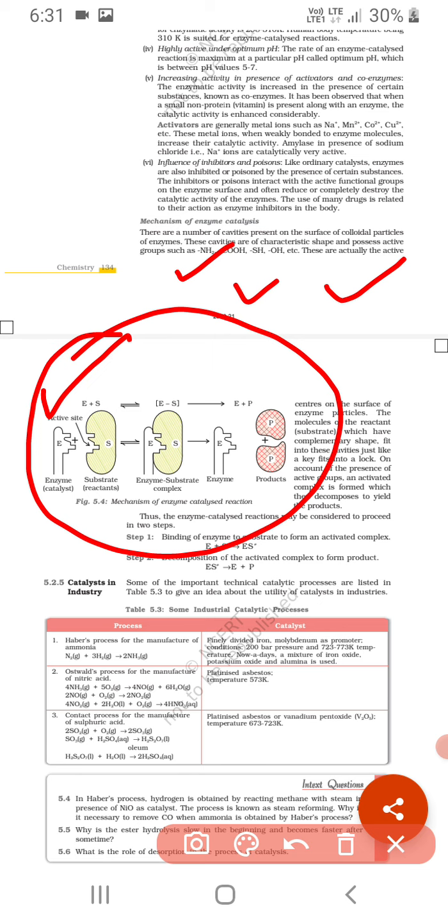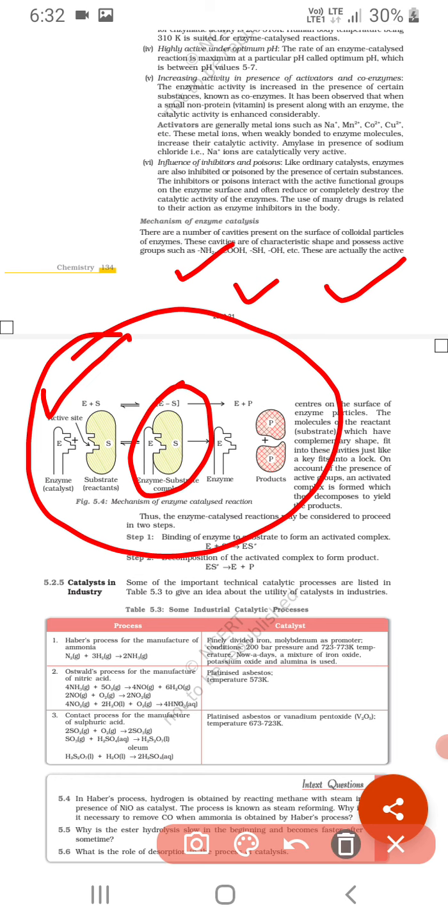There will be formation of bonds like hydrogen bond and intermolecular force of attraction. By these forces they join together, and after joining, the enzyme transfers its message to the substrate, and then production of products starts, right?